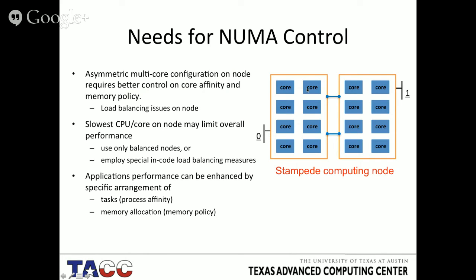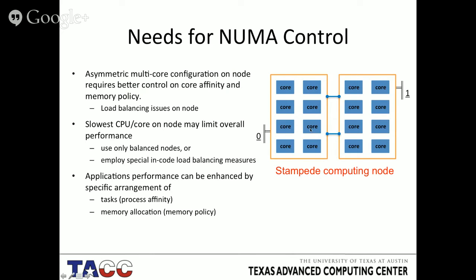I'll put 1 here and 1 here, as opposed to 1 here and 1 over here. And so that's the thing about running hybrid, is to be able to control this and then let your threads automatically inherit the policy of the MPI task, and execute there.